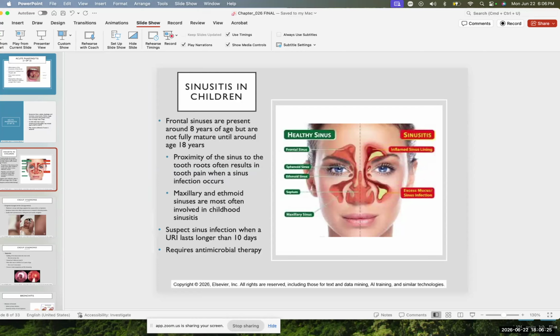Okay, so they're starting to have kids do those nasal sprays. And I don't know if you guys all suffer from allergies, but they're having more and more over-the-counter options, unfortunately.